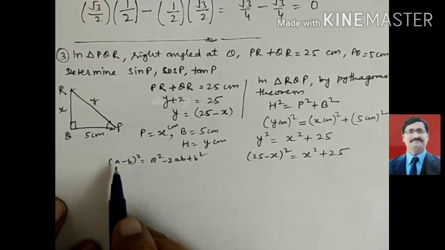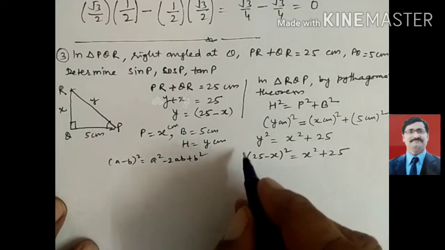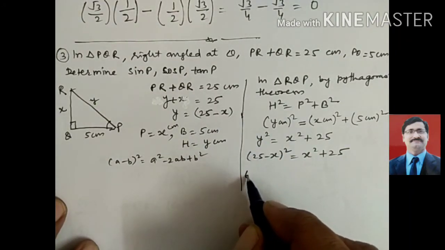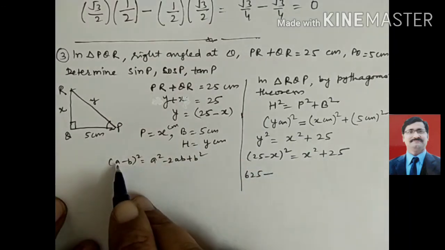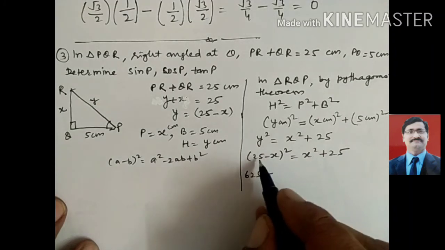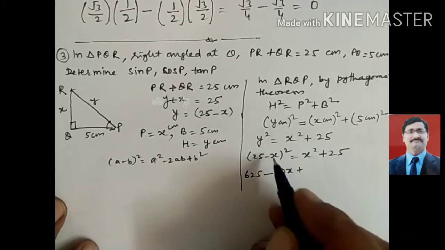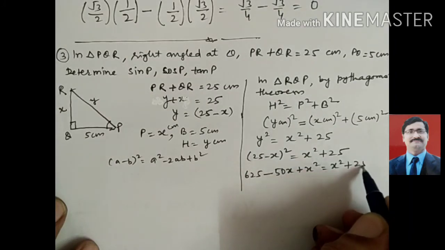Means first we do the square of the first, then minus 2 into the multiple of these two, and then B square. Here also we will use the same formula. Square of first will be 625, then minus 2 into 25 into X, that is 50X, then square of second is X square, equal to X square plus 25.